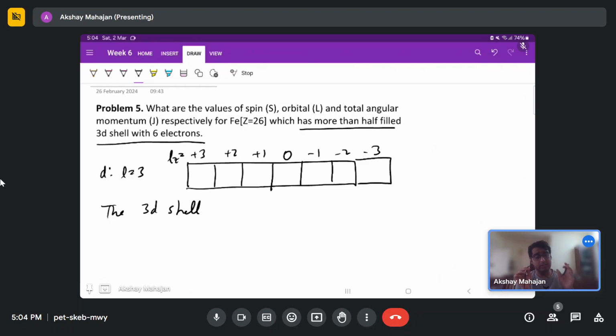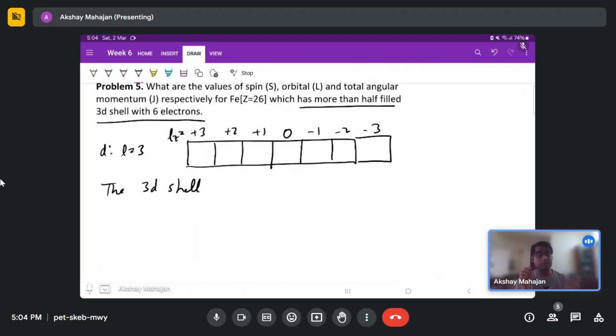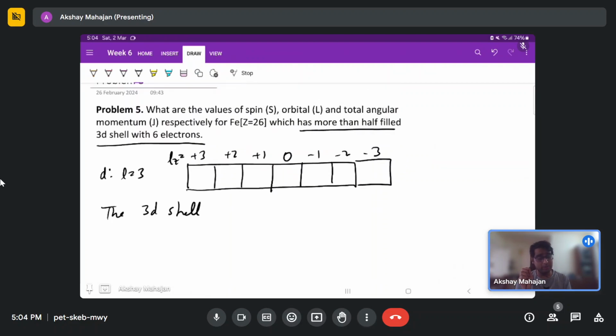We just care about the outermost electrons, which are 6 here, some of which are unpaired. So they are going to give us some L, J, S value, and all the remaining 20 electrons, which will be in the 1s, 2s, 2p, 3s, 3p and 4s orbitals as well, will all be filled.